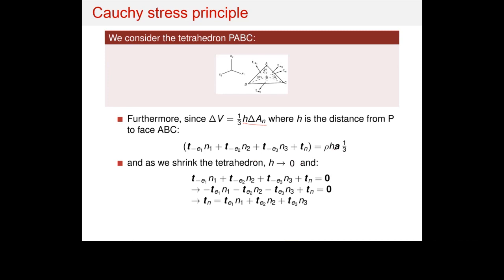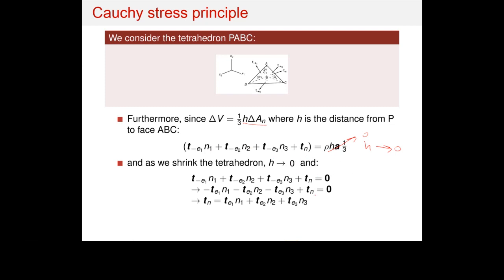Now, if you assume that the tetrahedron is really very small, h would go to 0, and this term here is going to vanish. And you will be left with the other terms here. So this is basically Tn and Te1 multiplied with n1, Te2 multiplied with n2, Te3 multiplied with n3.